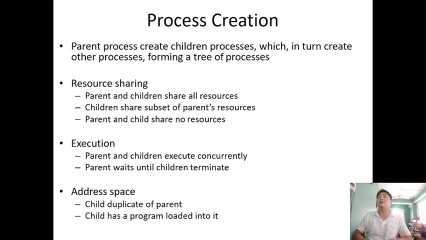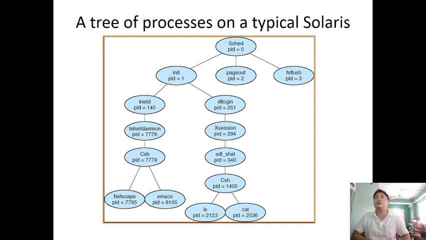The newly created process can again create another process by invoking a create process system call. So you can have a series of tree-like structure, in which one process creates another process and that new process creates another process, and it can be represented in the form of a tree as shown here.